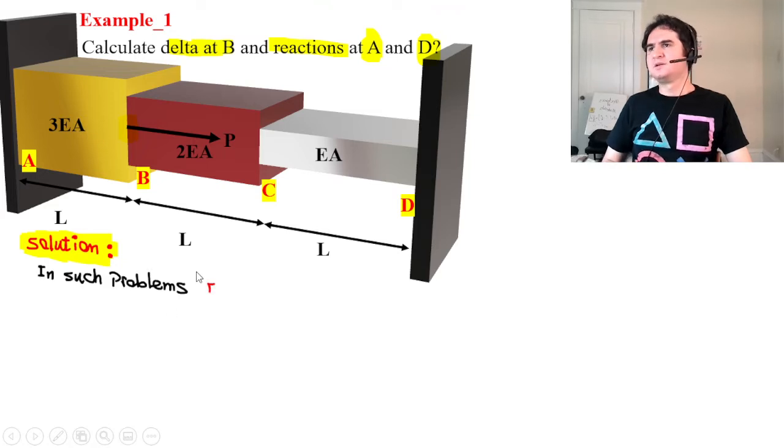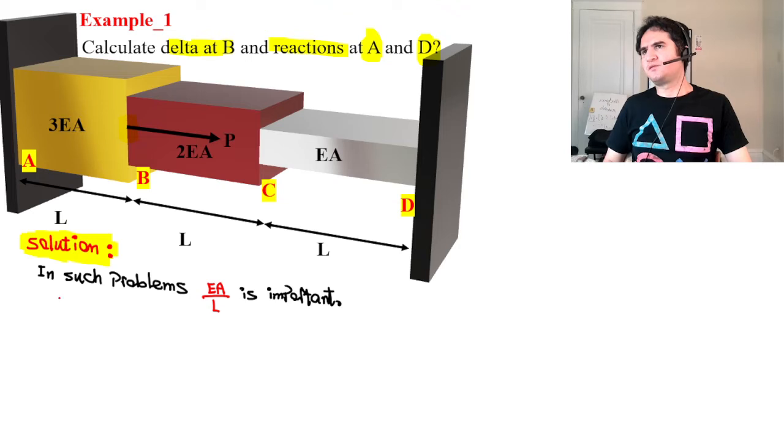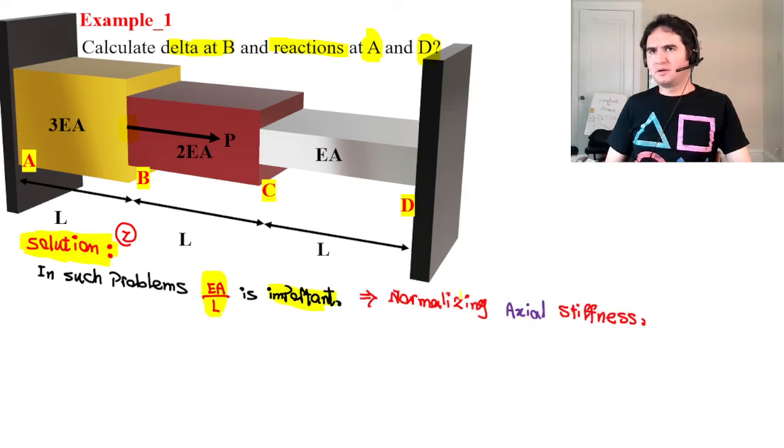If we call this solution 1, in such problems EA over L is important. This approach is called normalizing axial stiffness, and this is axial stiffness.